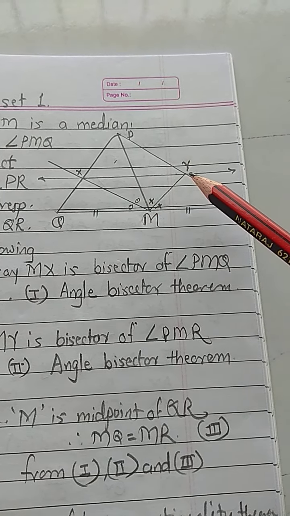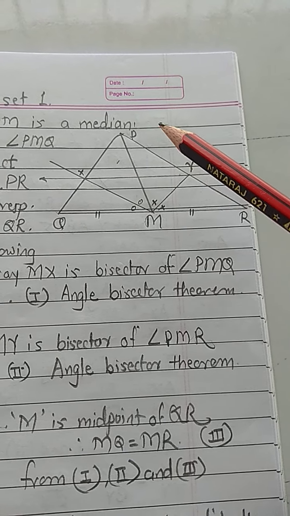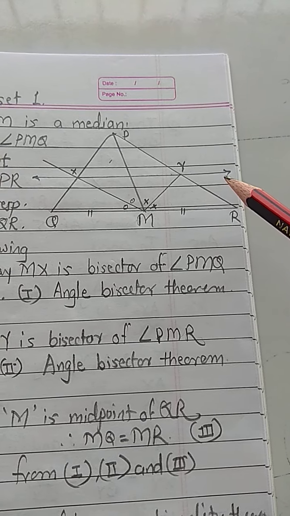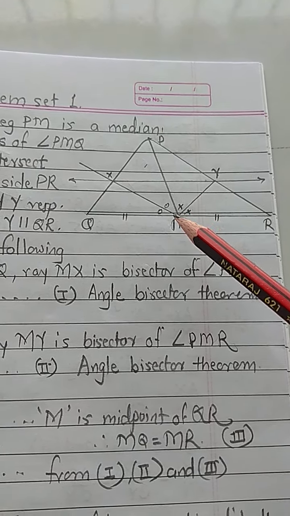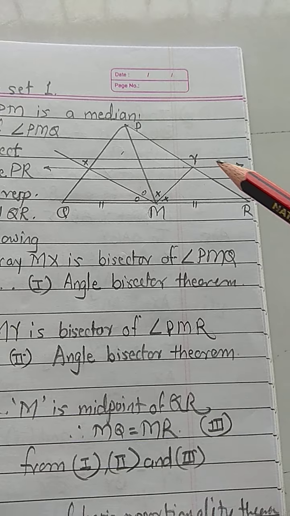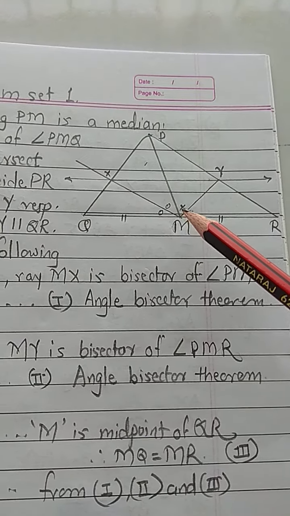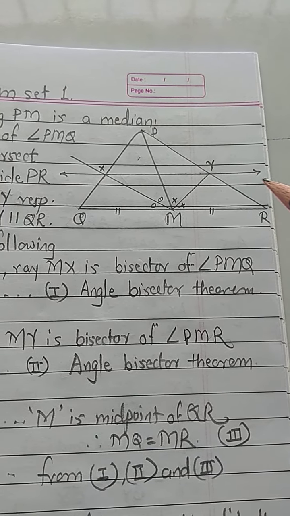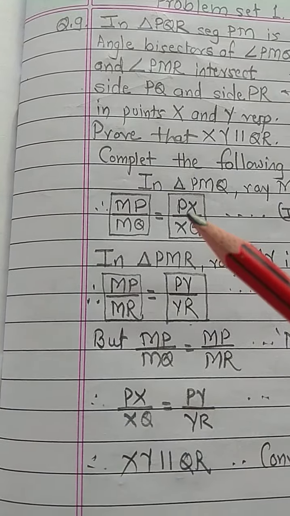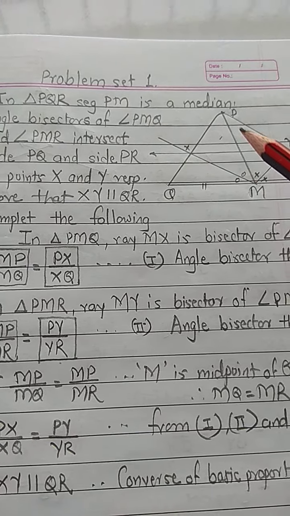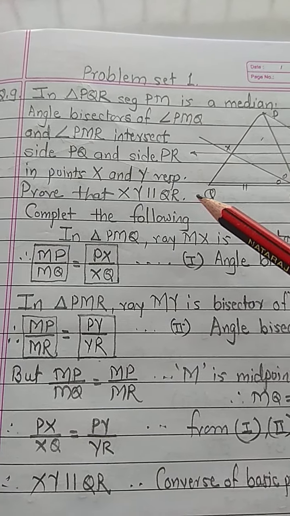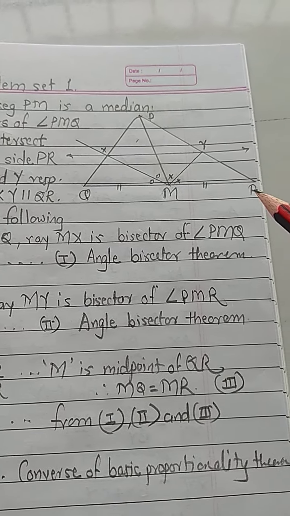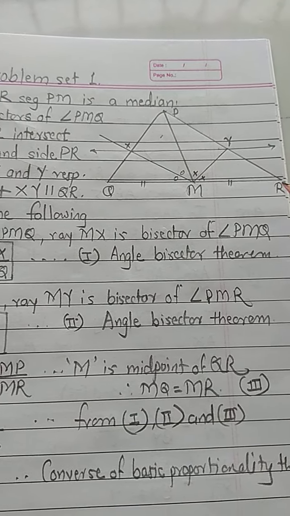So an angle bisector divides the opposite side in the ratio which is equal to the ratio of the remaining two sides. That means PM upon MR should be equal to PY upon YR. In the first statement PM upon MQ is equal to PX upon XQ, and in the second statement PM upon MR is equal to PY upon YR.